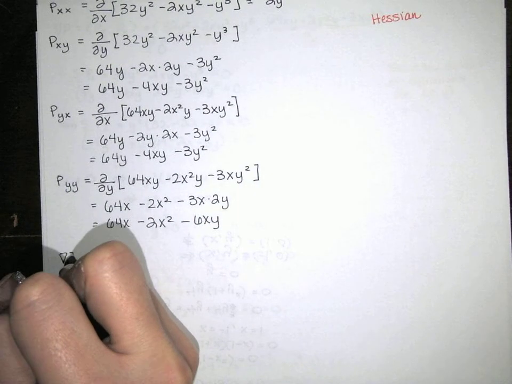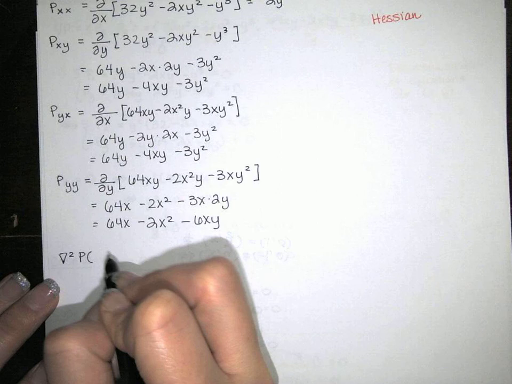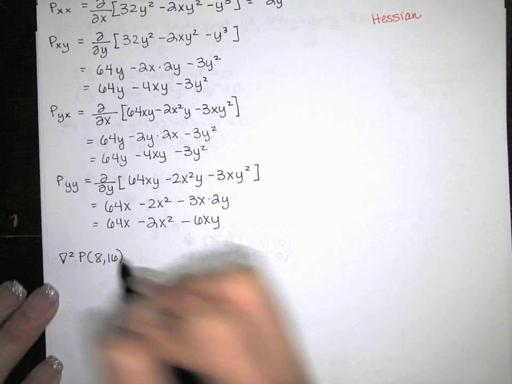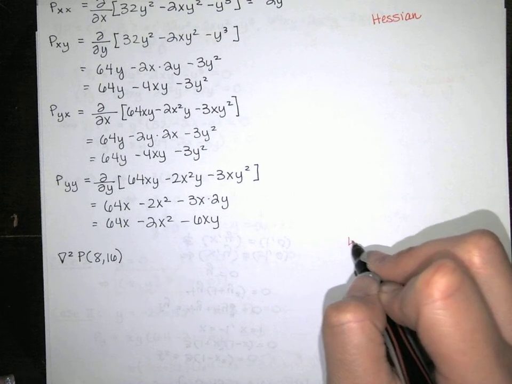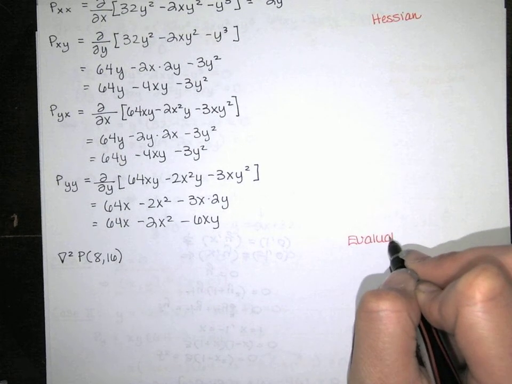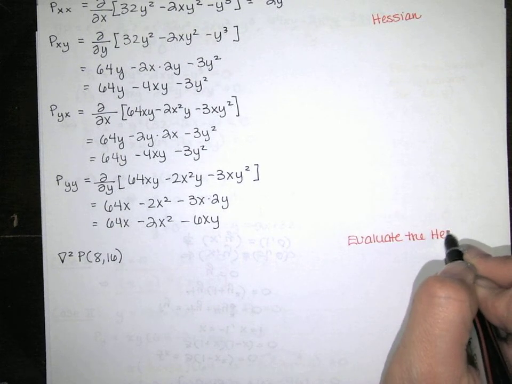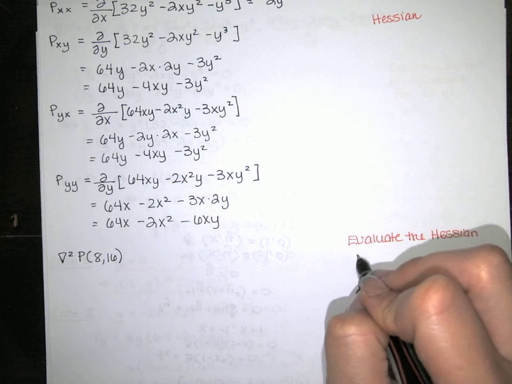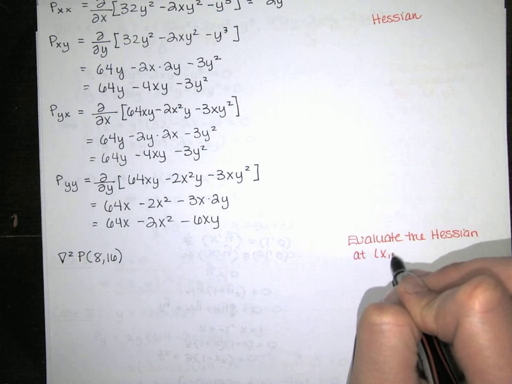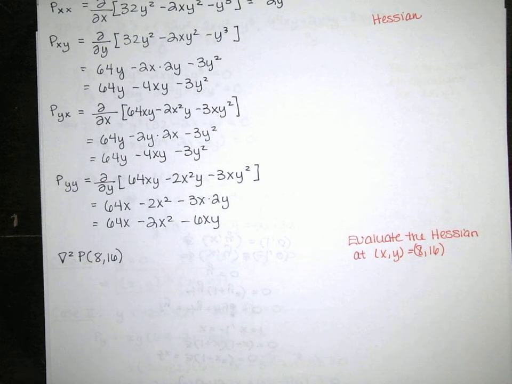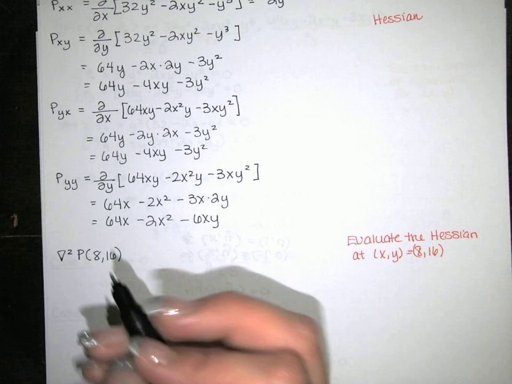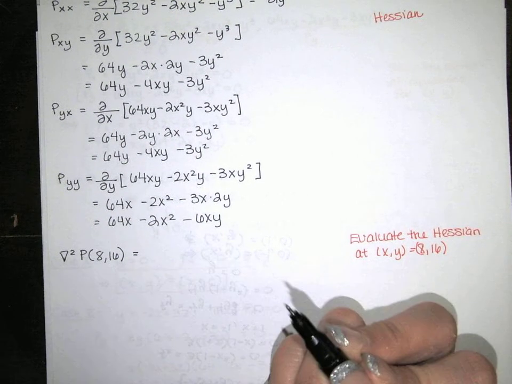So let's evaluate our Hessian matrix at (8, 16). And our hope is the determinant of this is positive, and the second partials with respect to x and y are just right so that we maximize this function p. We shall see.